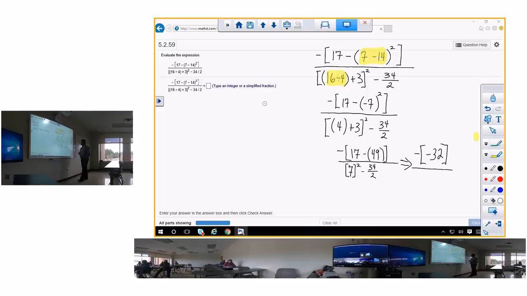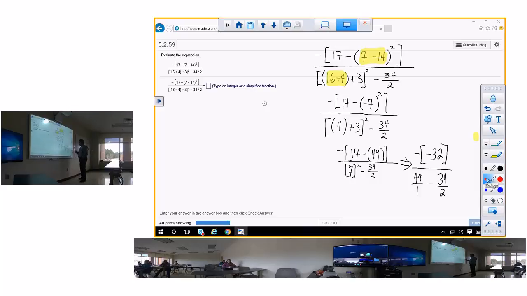Divided by 7 squared is what? But I'm going to put 49 over what? 1, because I've got what? Fractions. Now I've got to have a common denominator of what? 2.